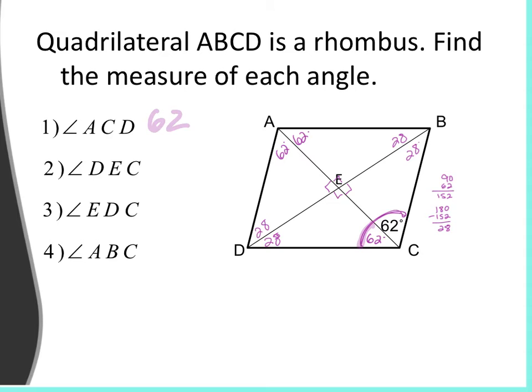DEC is this angle here, 90. EDC, this angle here, 28. And ABC, this angle here, 28 plus 28, or 56. Good. Questions so far?